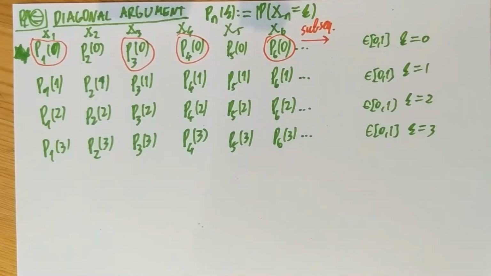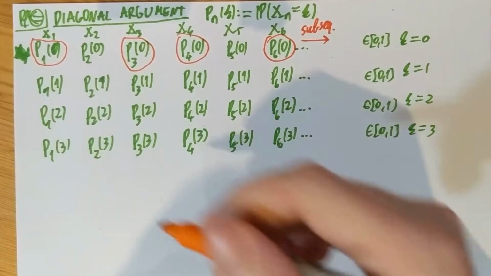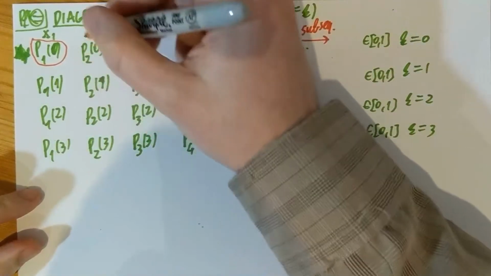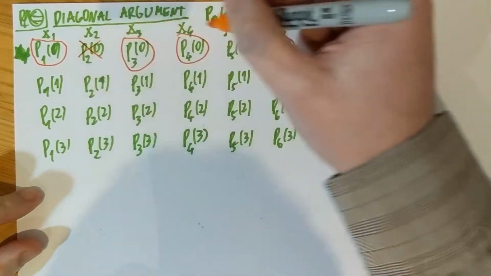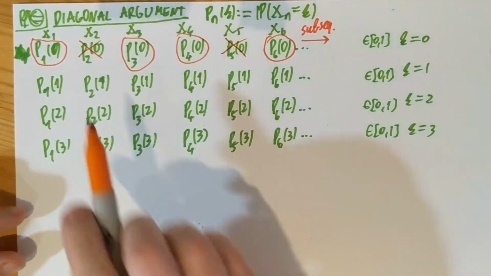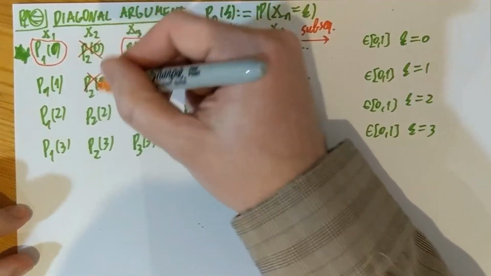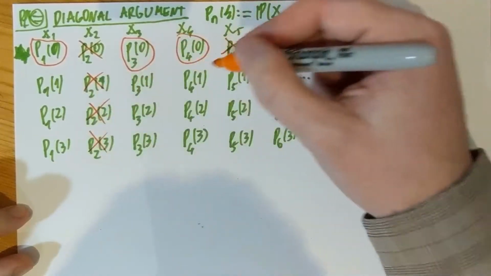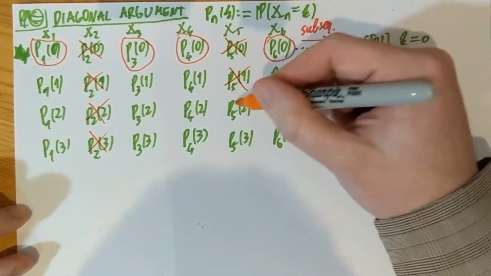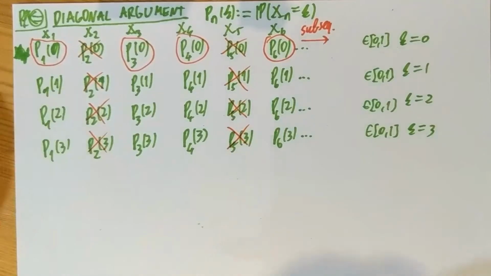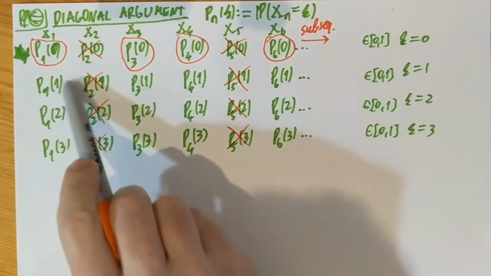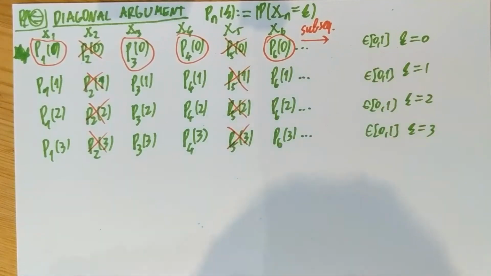Okay, so what I'm going to do is I'm going to forget everything that I didn't pick, but not only in the first row, but in every row. In every single row, I'm going to forget everything that I didn't pick in the first row. Now the remaining numbers in the second row will have a convergent subsequence.